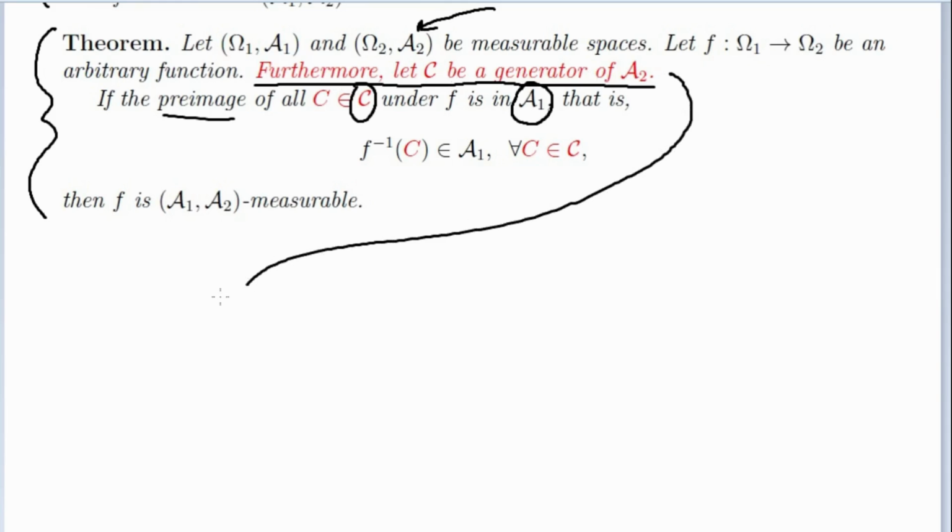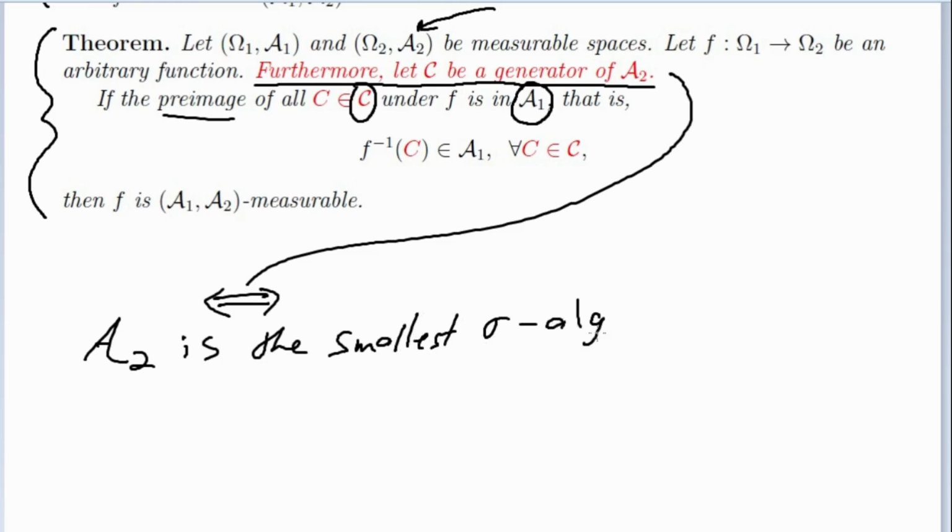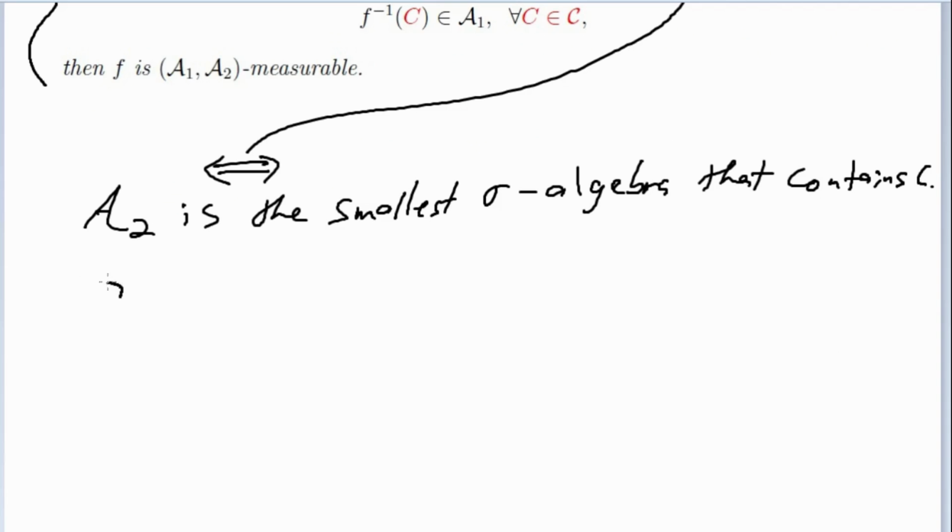C being a generator of A2 is the same thing as saying that A2 is the smallest sigma algebra that contains C. So for example, I have the set C, and maybe I determine that it is not a sigma algebra itself.